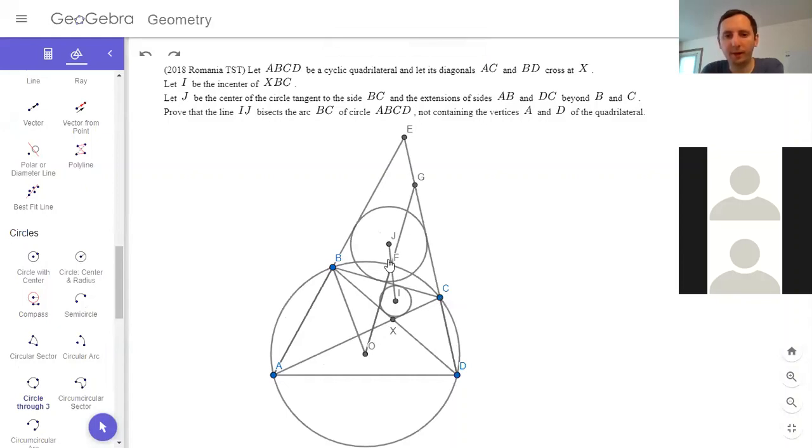And so basically, if F were the midpoint of arc BC, then BOF would be half of BOC. And so we want to show that BOF is the same as BDC. And that's the same as showing that BODG is cyclic, if that makes sense.